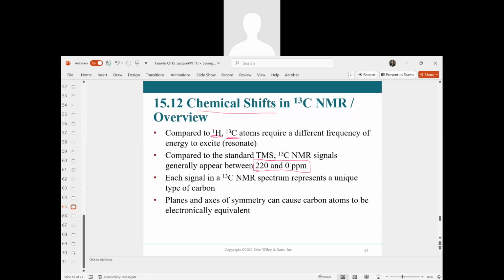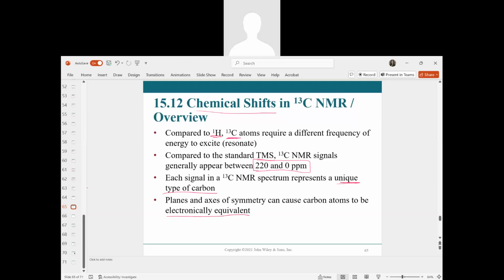Again, each signal represents a unique type of carbon, as we saw with each type of signal presented in a proton NMR; the same thing applies here. As we saw previously, some hydrogens would be in the same electronic environment, the same chemical environment.